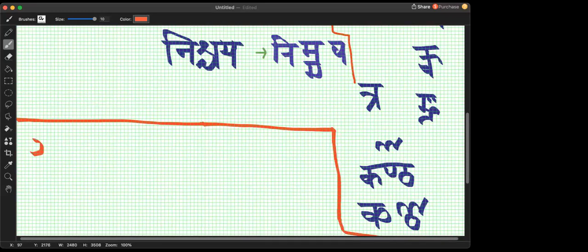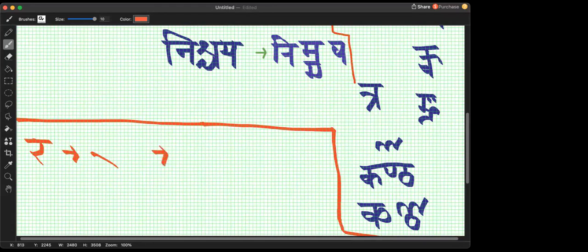That is this. In Sharada, if you're writing r as a conjunct at the bottom, it will just take a line towards the right side, slanting down. Okay, this is r.